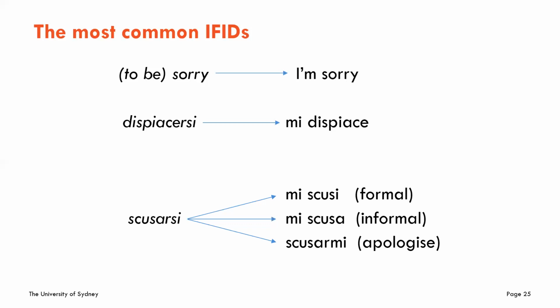So scusarsi requires a bit more thought, a bit more consideration, let's say, than dispiacersi. So dispiacersi is also a more simple apology phrase for learners. And I think these are key reasons why there tends to be that emphasis on dispiacersi in the learners rather than scusarsi, which is more typical of native Italian speech.